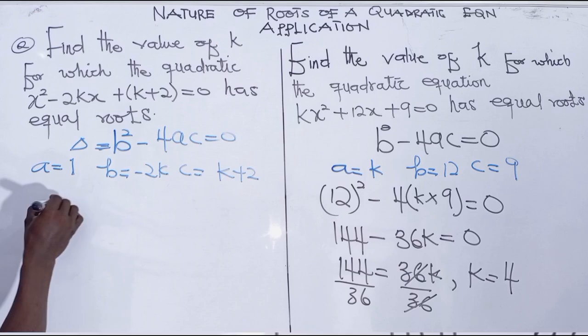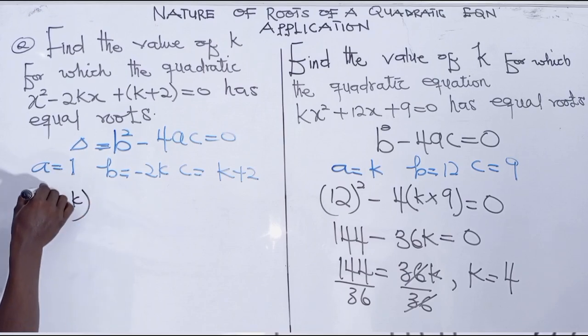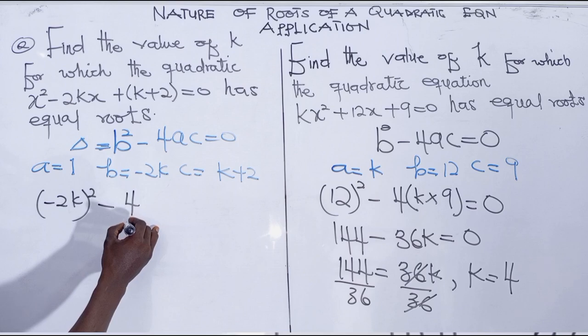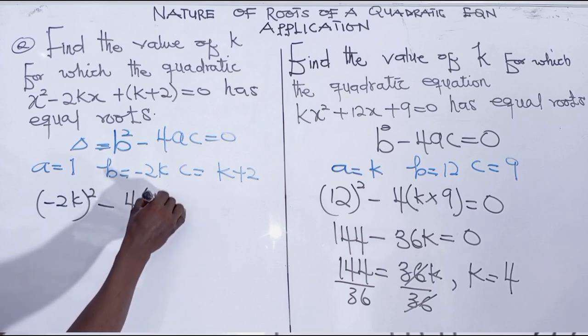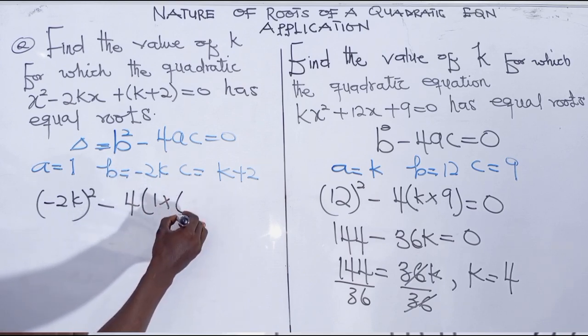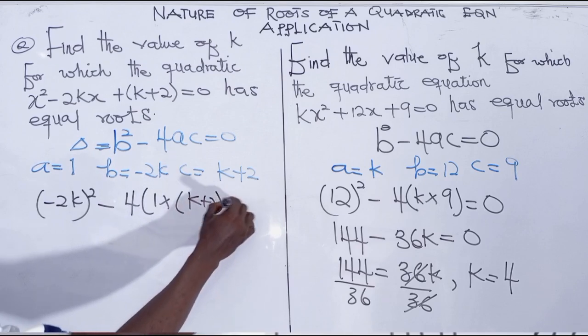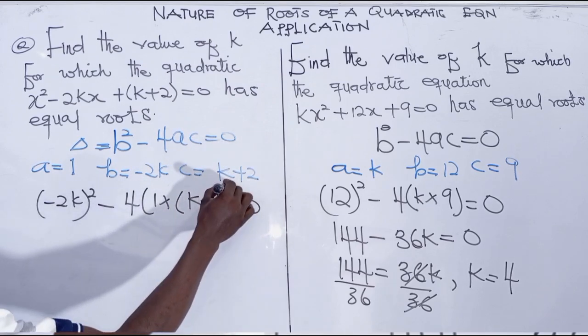Now, once you have this, we substitute it into the discriminant. b squared is minus 2k all squared minus 4. Our a is 1. And then our constant is k plus 2. And all of this is equal to 0.